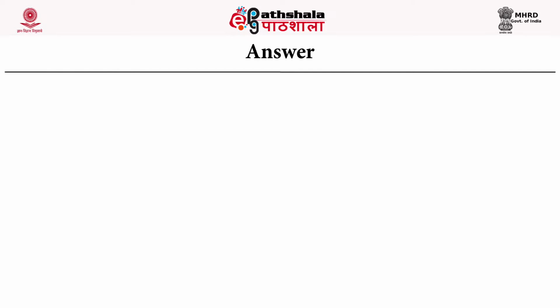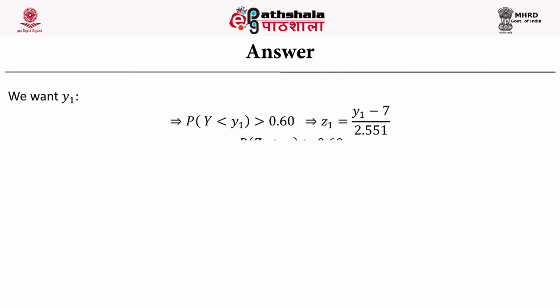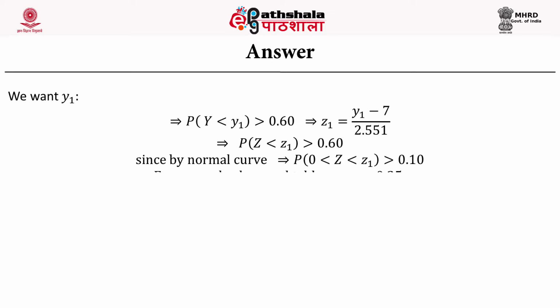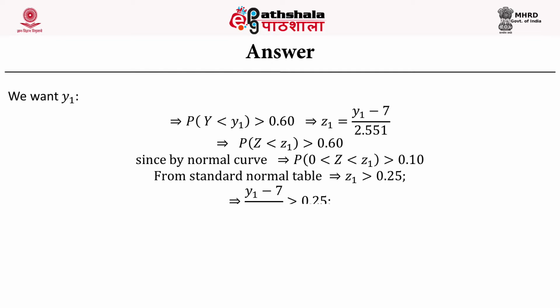So we want y1 such that probability of y less than y1 is greater than 0.60, where z1 is equal to (y1 minus 7) upon 2.551, and probability of z less than z1 is greater than 0.60. Since by the normal curve the probability of z lying between 0 to z1 is greater than 0.10, from the standard normal table z1 is greater than 0.25, and (y1 minus 7) upon 2.551 is greater than 0.25.